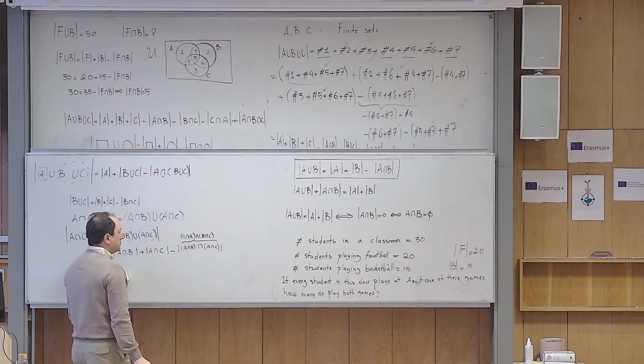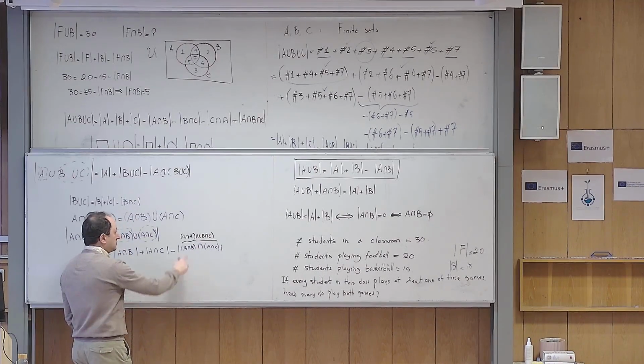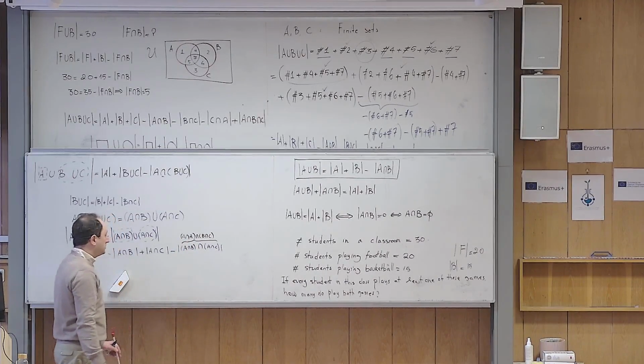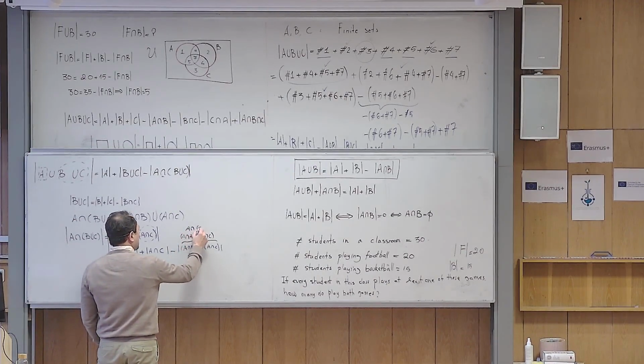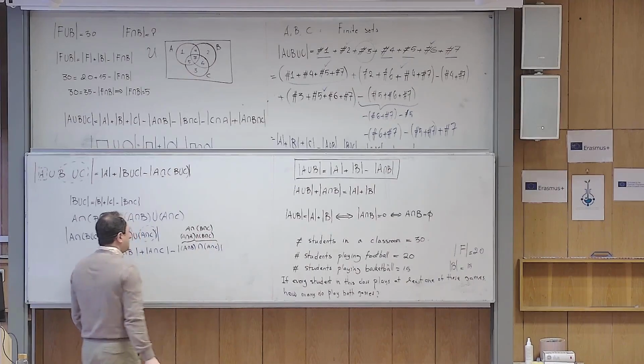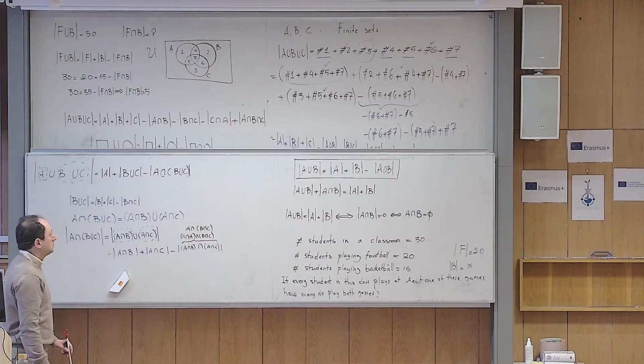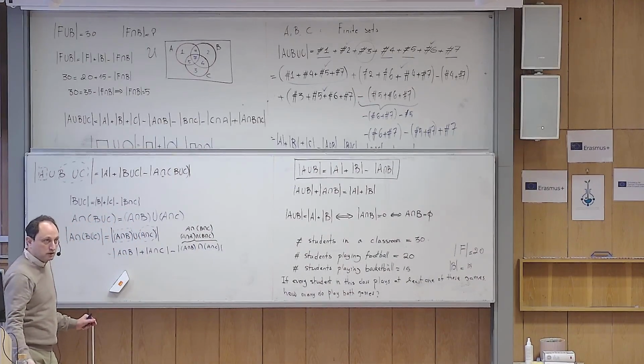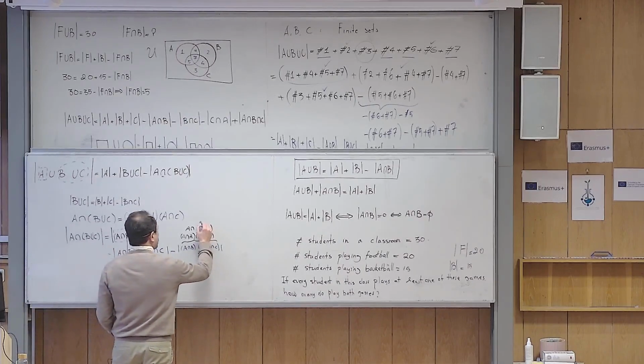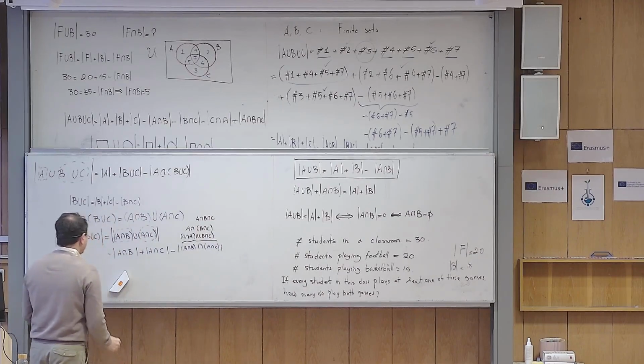But can I simplify it a little bit more? Yes, because A intersection A is what? A itself. So it becomes A intersection B intersection C. Do I need a pair of brackets? No, because of associativity, it is not ambiguous, so it becomes A intersection B intersection C. Okay, so everything is in order.